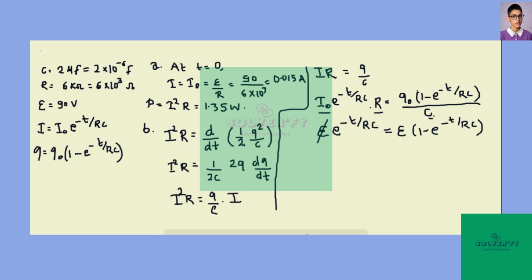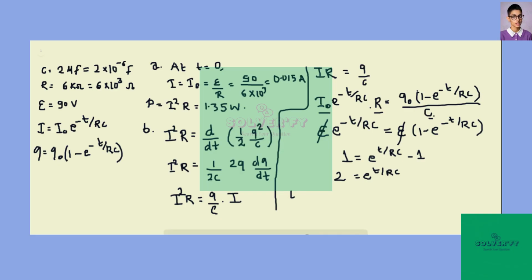Now E gets cancelled out, and if you multiply by e to the power t by RC on both sides, then this gives me 1 is equal to e to the power t by RC minus 1. So 2 equals e to the power t by RC.